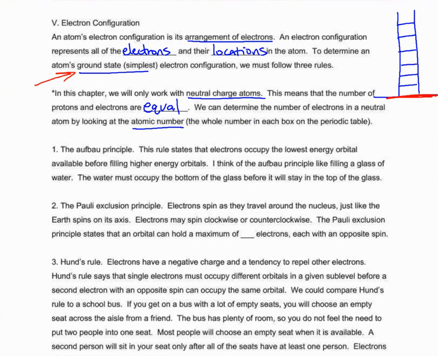So for instance, hydrogen is 1, helium is 2, lithium is 3, beryllium is 4, boron is 5, carbon 6, nitrogen 7, oxygen 8, fluorine 9, neon 10, and so on. The whole number. In our classroom periodic table, this number is blue. On the printout that I gave you, all the numbers are black, but this one is always going to be a whole number.